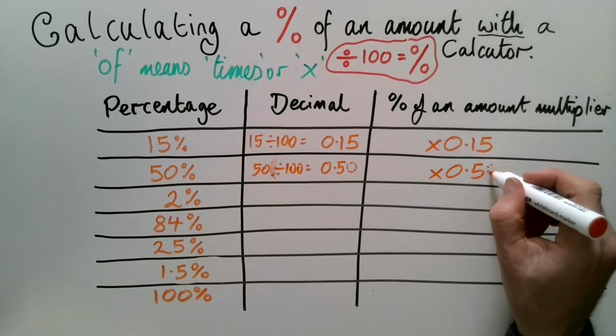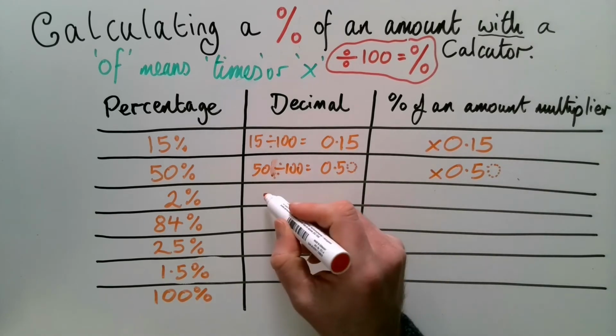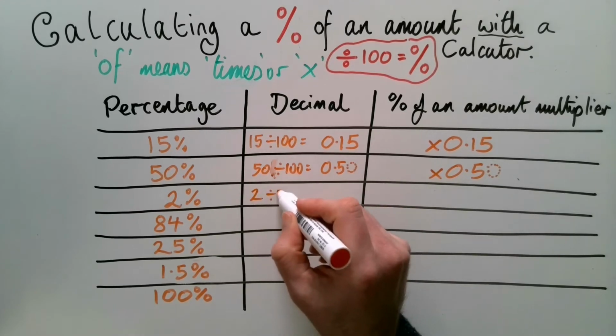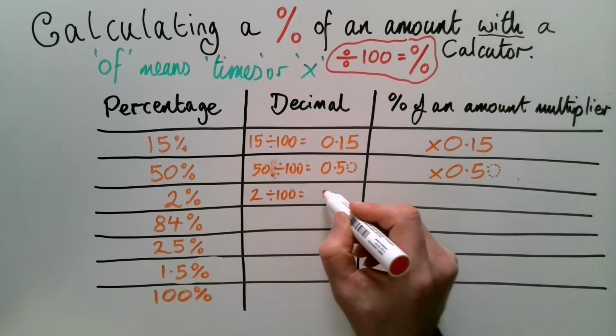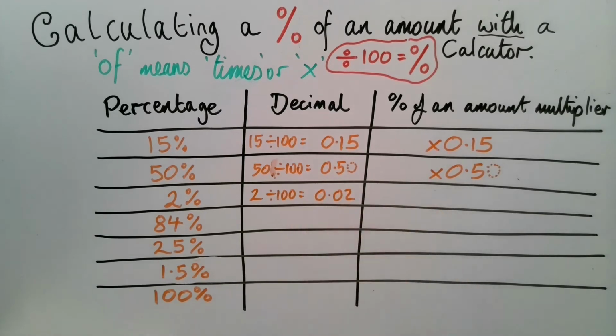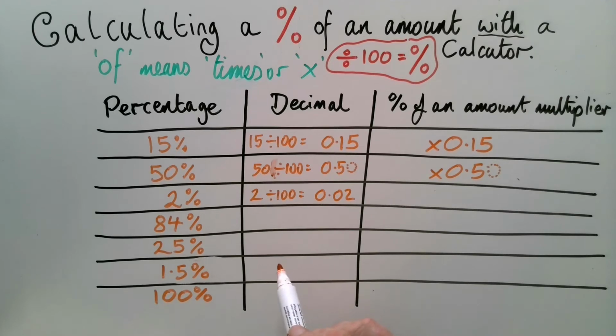So I'm going to put a dotted 0 in because it doesn't matter whether you put it there or not. 2% is not 0.2, a mistake quite often made. It's 0.02 because 0.2 would be just dividing it by 10. That would actually be 20%. Just as 0.5 is 50% and 5% would be 0.05.